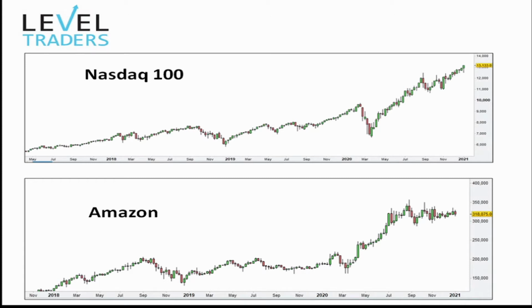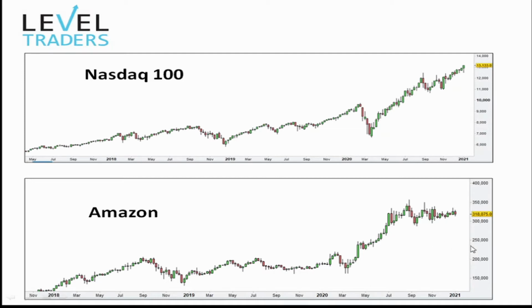For example, if we look at the Nasdaq 100, from early 2020 you can see the selling, mainly because they're all red candlesticks right down up until mid-March. And if you look at the Nasdaq, you can see May onwards, they're all green. So all bullish, all buying signals.